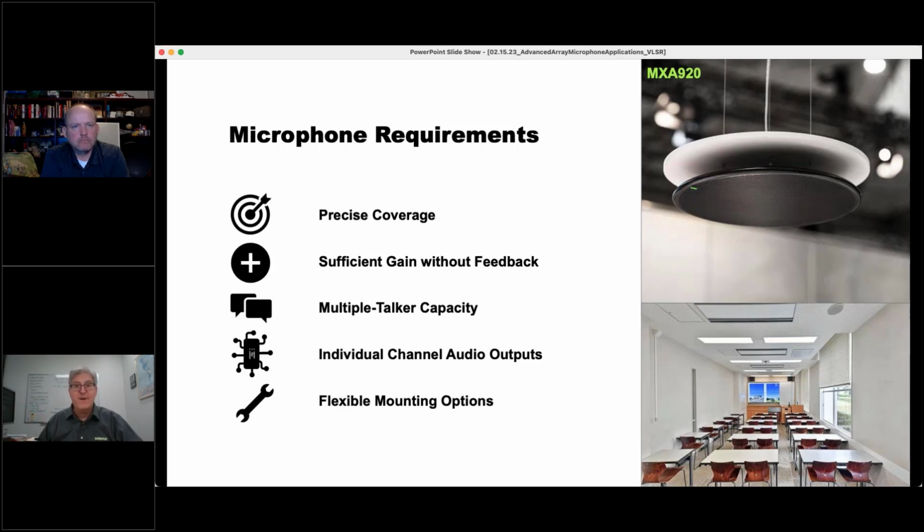And you want the microphone to have multiple talker capacity. And by that, I mean, it needs to be able to activate multiple lobes pointing in different places at the same time, because it's entirely possible that you'll get into a situation with back and forth dynamic conversation between an instructor and students, or two people at the end of a table.